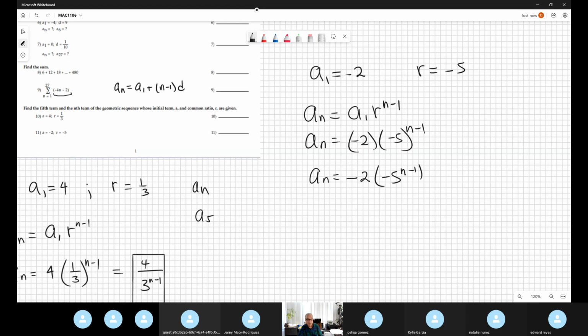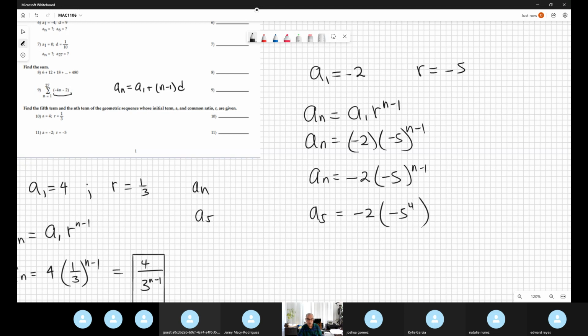You want to find, for example, the fifth position: negative 2 times negative 5 to the 4th power, no? To the 4th power, yeah. I made a mistake here. Look, the exponent is like that because this is r to the n minus 1.